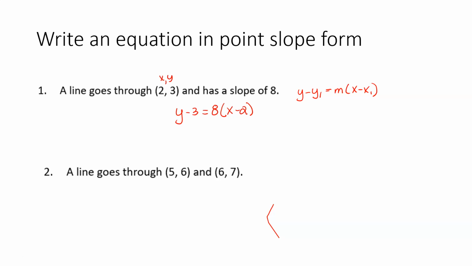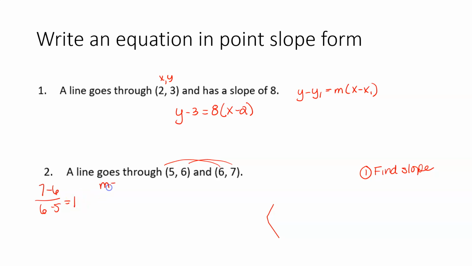The next one says a line that goes through 5, 6, and 6, 7. So the first thing you need to do is find the slope. We're going to use the wine glass formula. So I'm going to take 7 minus 6 over 6 minus 5. So my slope is 1.